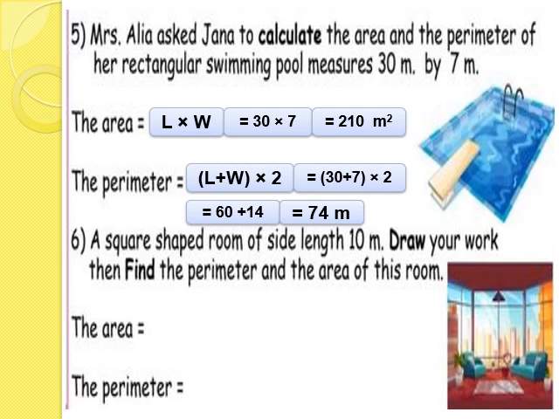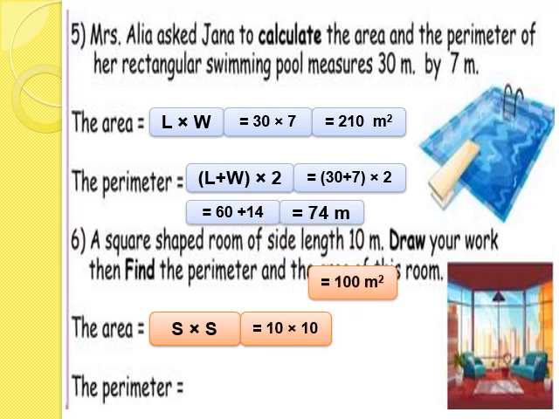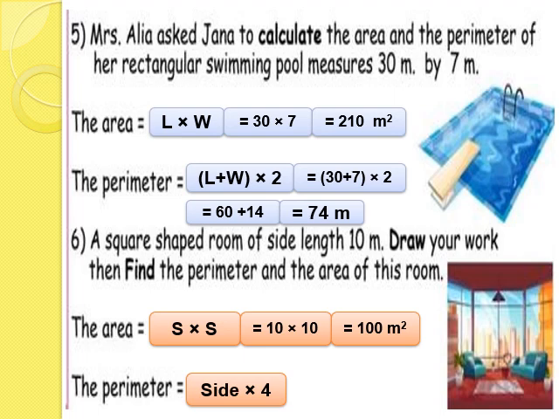So I need only one of those sides to calculate the area and perimeter. What is the rule of area of a square? Super, side by side. So it's 10 by 10. Excellent. 10 by 10 equals, great job, 100 meters square. The perimeter rule, super, side by 4. So it's 10 by 4 equals 40 meters.